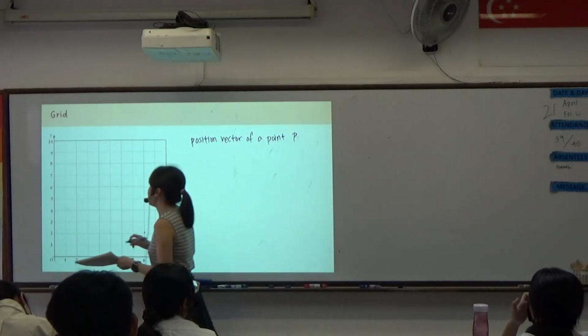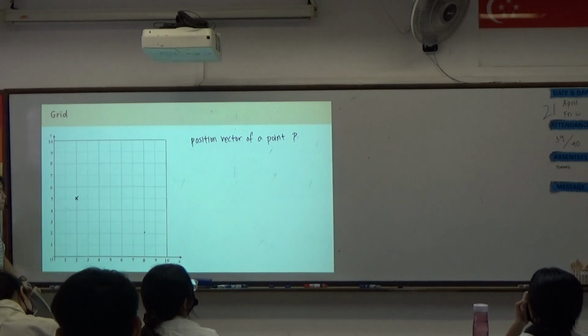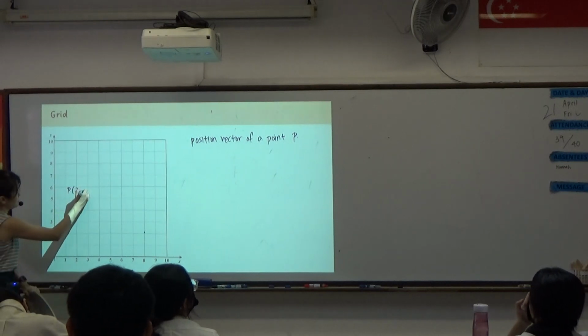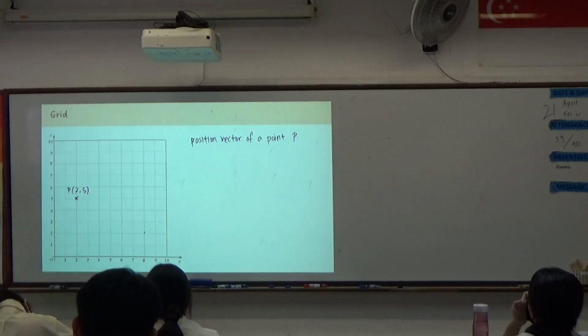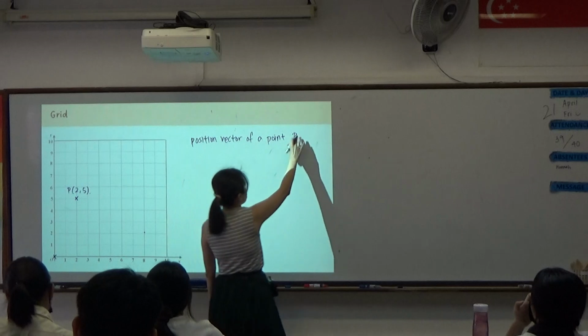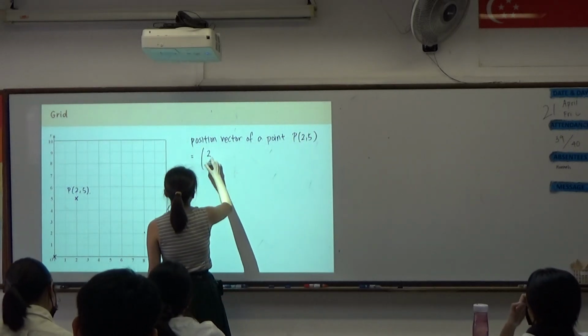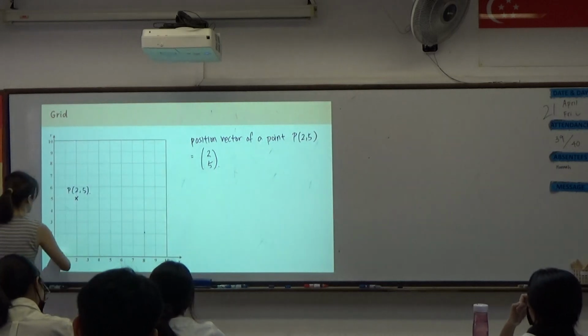Okay, so for example, if I have a point P, let's say (2, 5) over here, the position vector is always relative to a certain reference point, and that reference point is always our origin. So the position vector of the point P in this case will be the vector (2, 5).